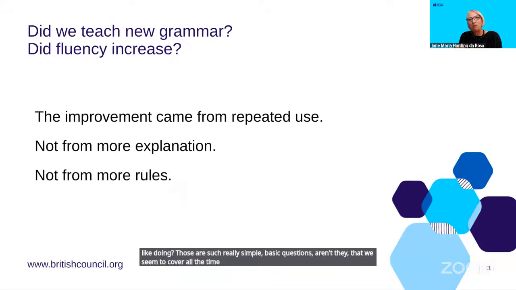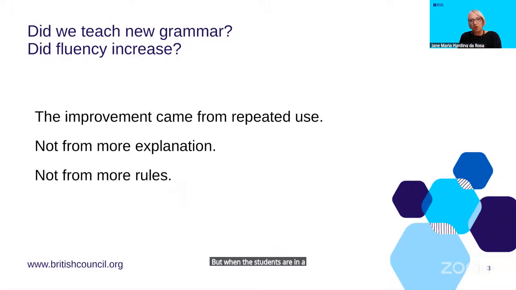But when the students are in a class where they know each other very well, they've been together for years, or they know each other's family, everything, then these conversations just become a demonstration conversation. Then there's no information gap because they already know the answers to the questions.